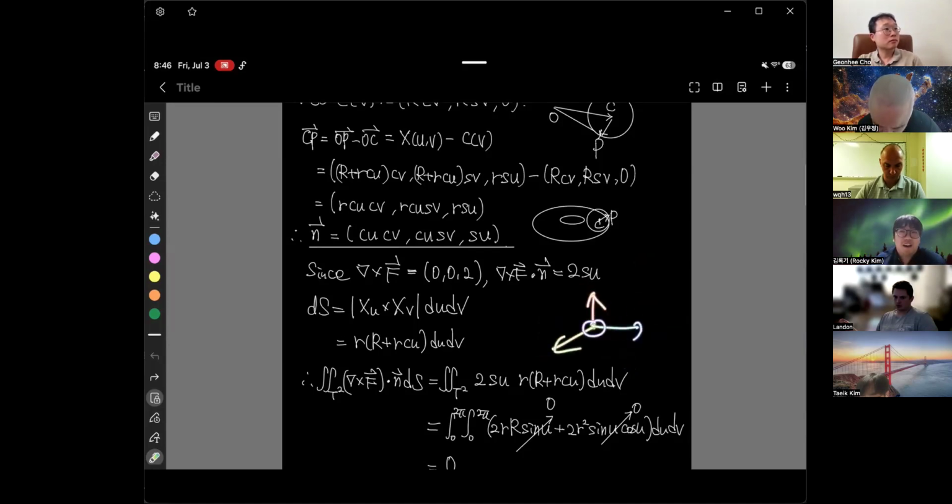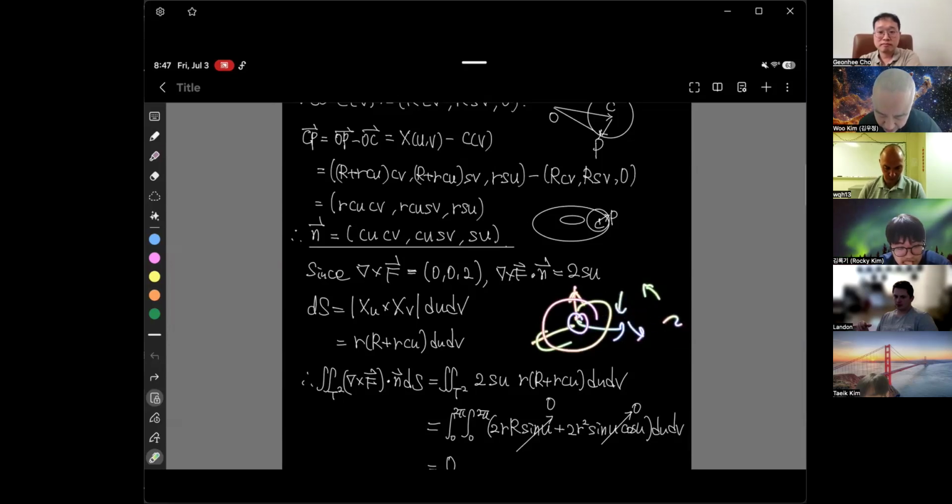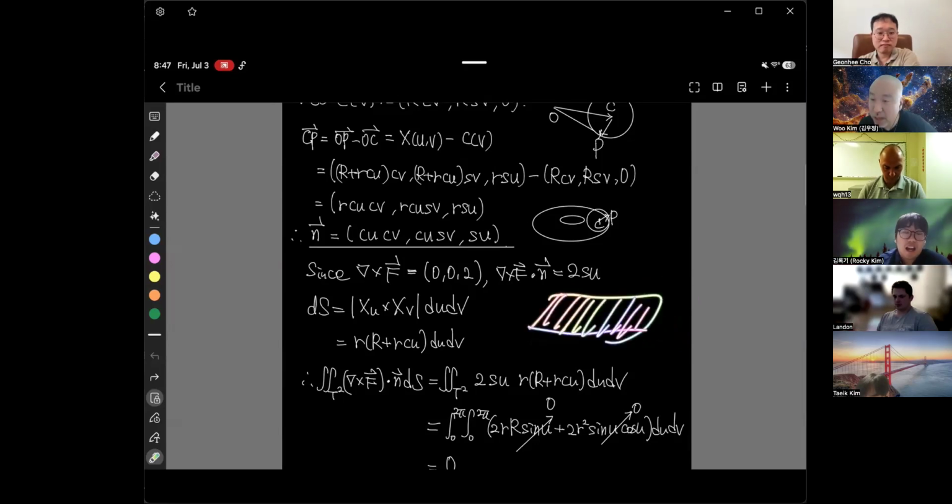You meant how can I draw this vector field on the torus? The vector field was minus y, x, and 0. So I think they rotate counterclockwise, like this on the flat plane.